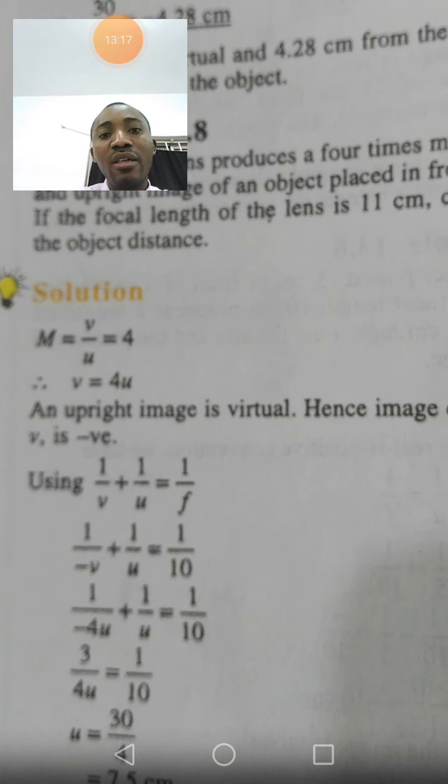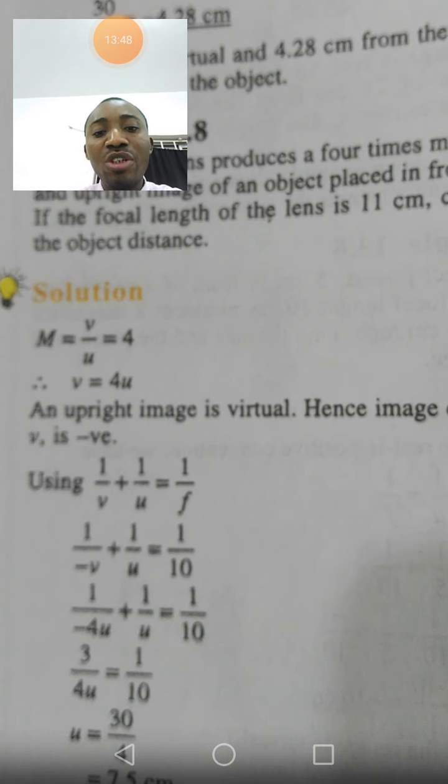The other images that we saw were real images, and we usually differentiate between a virtual image and a real image. We attach a negative sign to a virtual image and a positive sign to a real image. That is, if you are using what we call real is positive, then the virtual image will be negative.